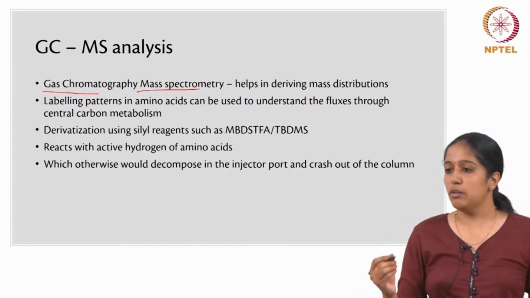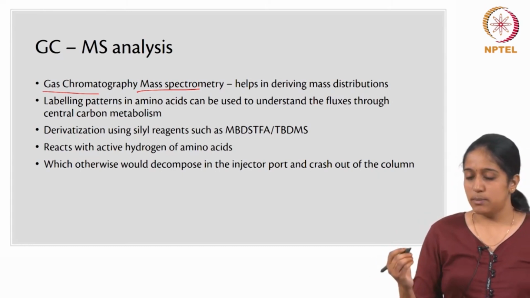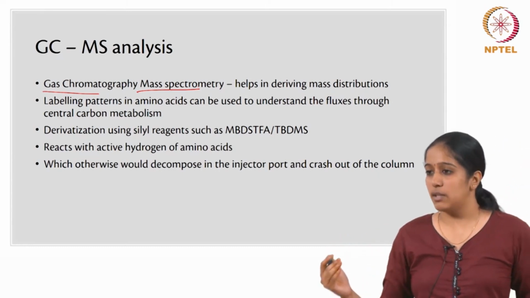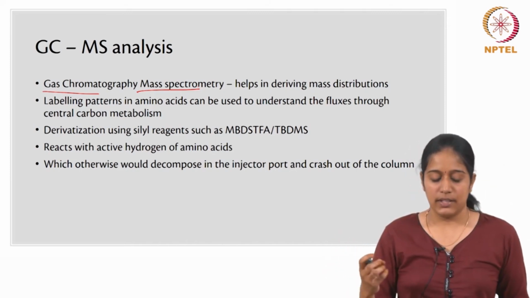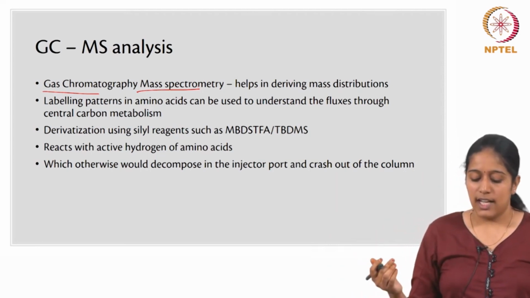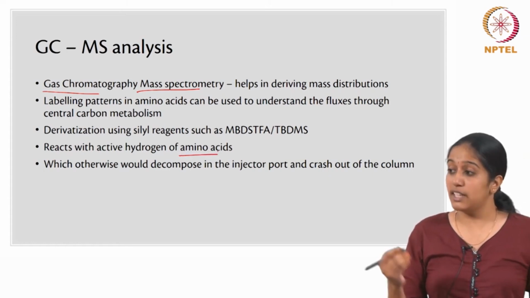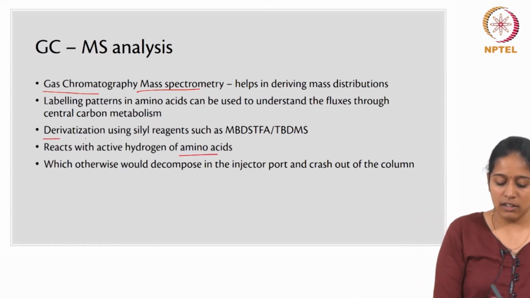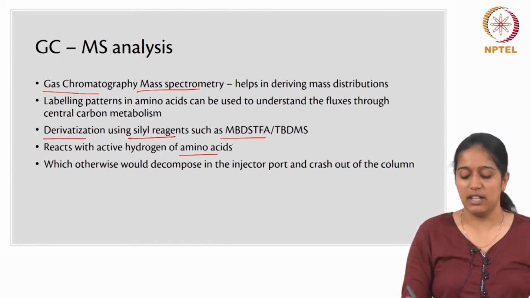And if you want to do a GCMS analysis, the substance that you might want to analyze, say for example an amino acid, has to be volatile because it is going to be subjected to high temperature. We find that the amino acids are not volatile in nature, but we make them volatile by derivatizing using silyl reagents such as MBDSTFA, the name is very big.